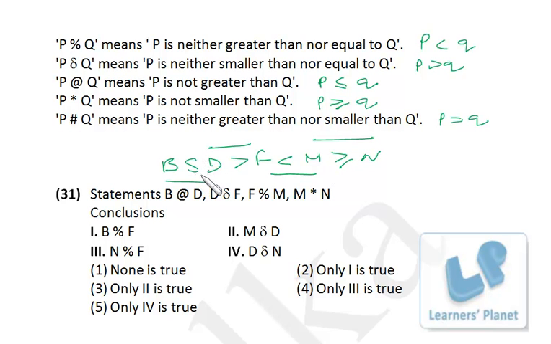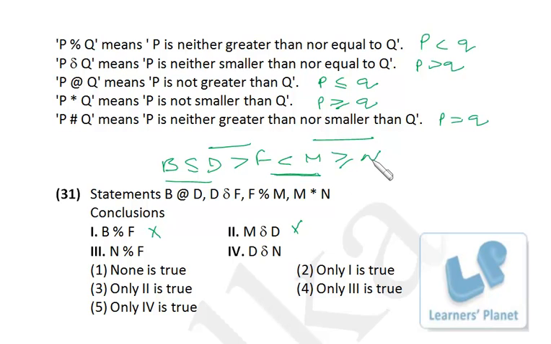So you cannot establish a relationship between BF, BM, BN, right? Let's see, BF we cannot establish because B is from one sequence and F is from another sequence. So without assigning any character, now you can solve the problems, since we have done a lot of practice now. M and D, M is from this sequence and D from this sequence, no relationship.